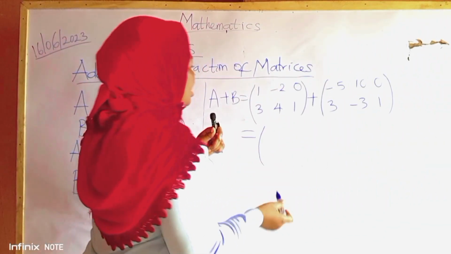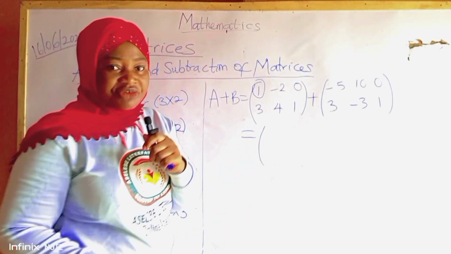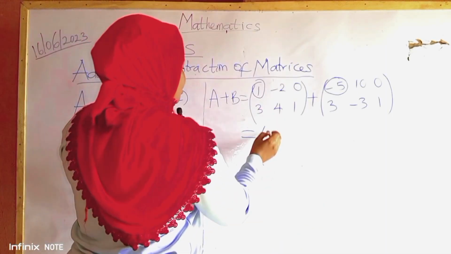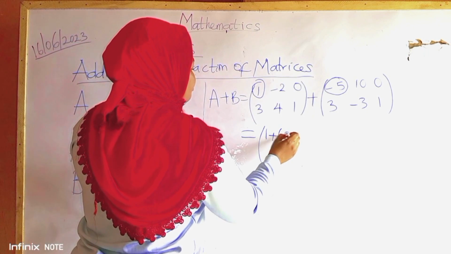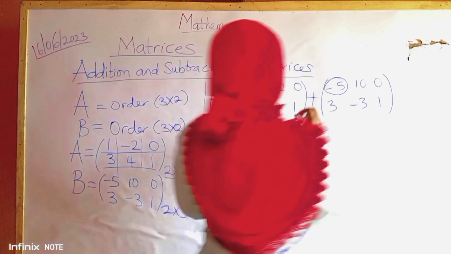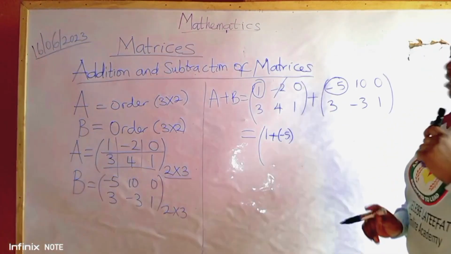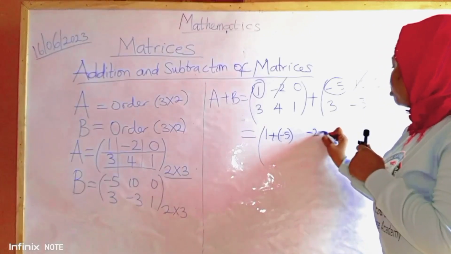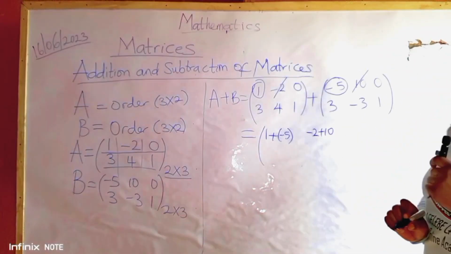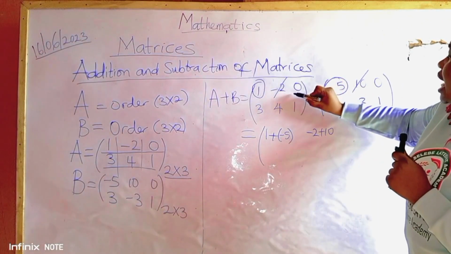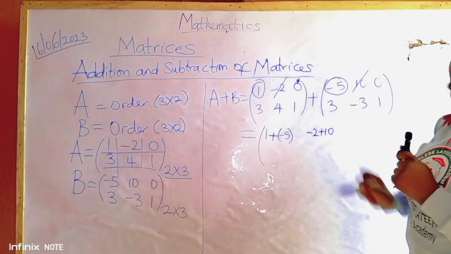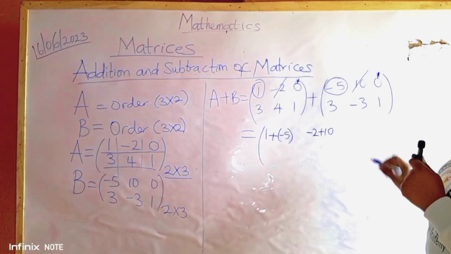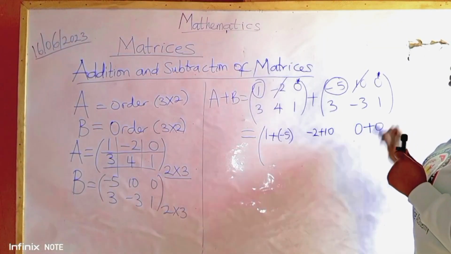The next thing is that the first element of the first matrix, you are going to add it to the first element of the second matrix. That is, you add 1 plus minus 5. The second element of the first matrix plus the second element of the second matrix gives minus 2 plus 10. You can see it's very simple. Then the third element of the first matrix plus the third element of the second matrix, that is 0 plus 0.